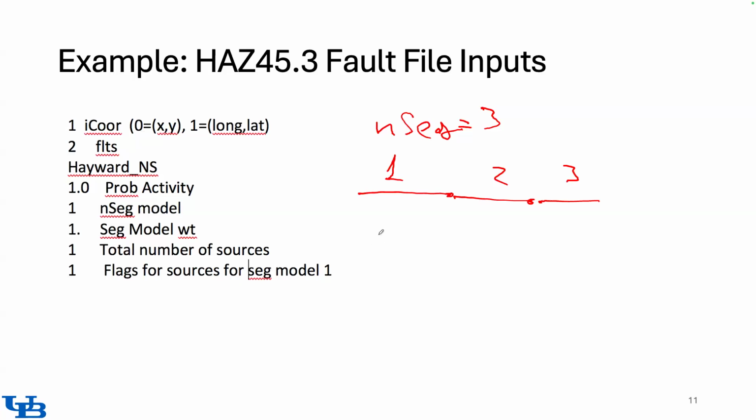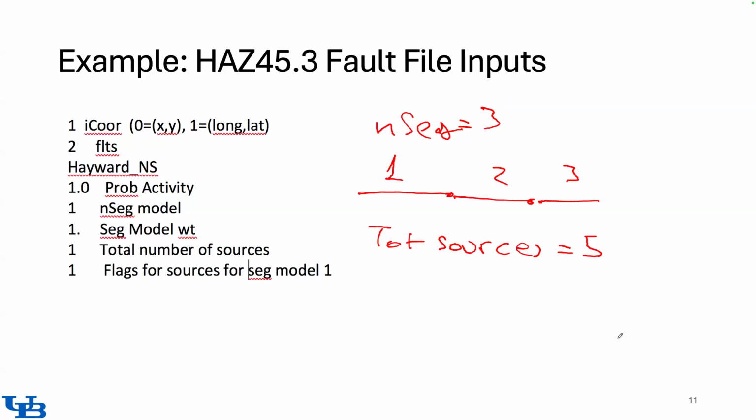But the total number of sources, for example, could be 5, because you can have segment 1 rupturing on its own, segment 2 rupturing on its own, segment 3 rupturing on its own, but maybe also 1 and 2 rupturing together, and 1, 2, and 3 rupturing together.